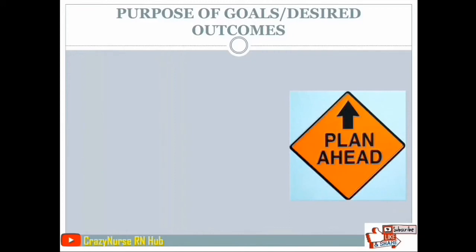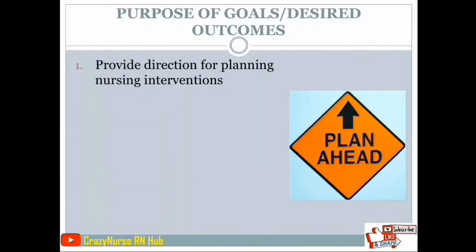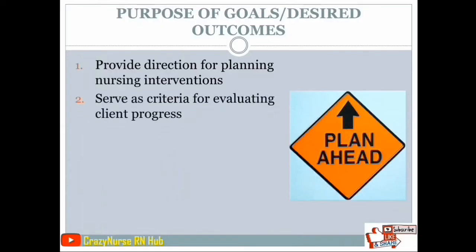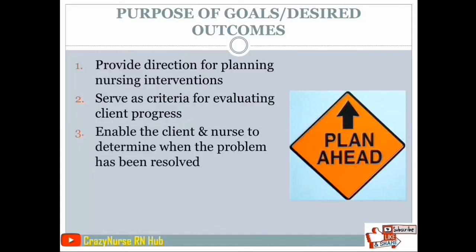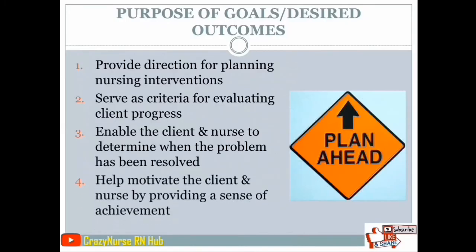Goals and desired outcomes serve the following: provide direction for planning nursing interventions, serve as criteria for evaluating client progress, enable the client and nurse to determine when the problem has been solved, and help motivate the client and nurse by providing a sense of achievement.